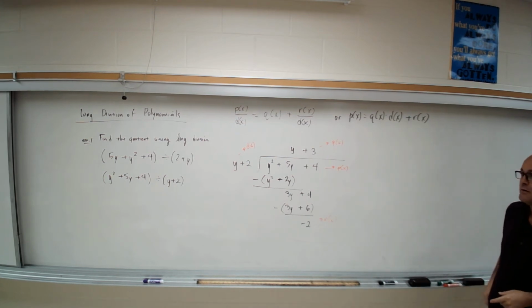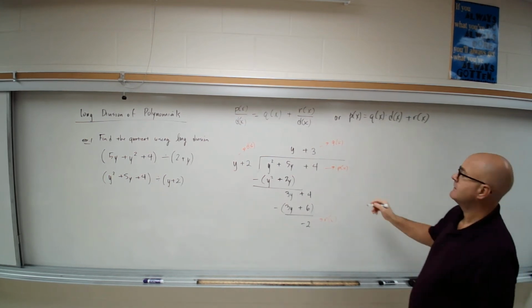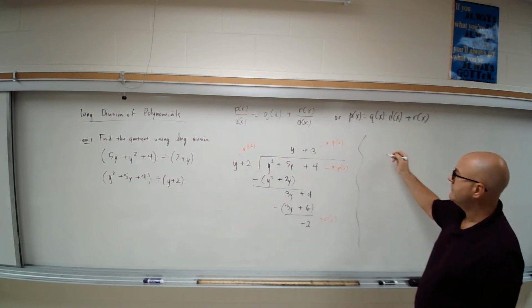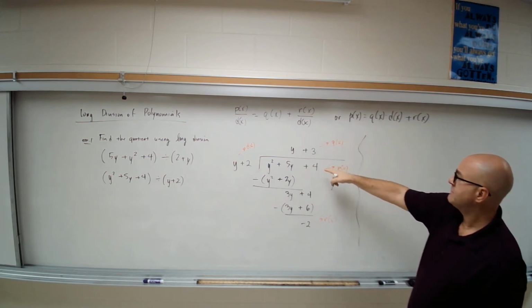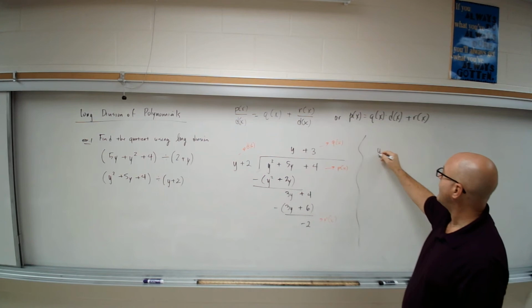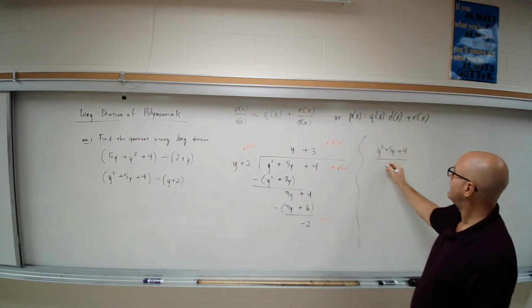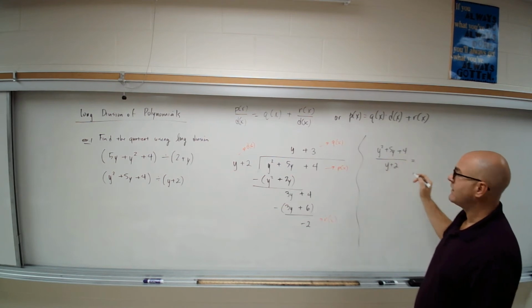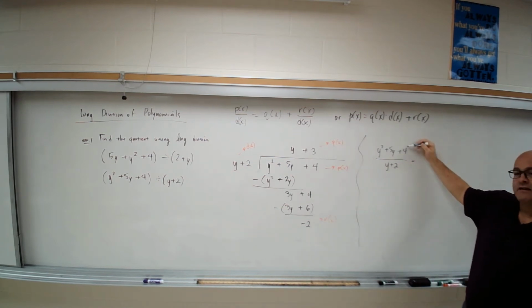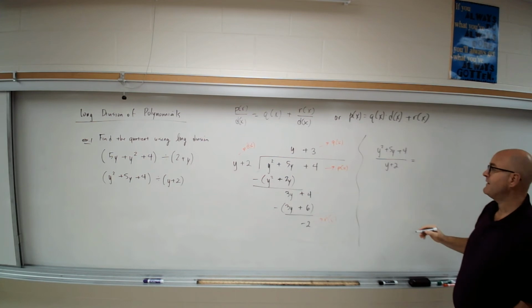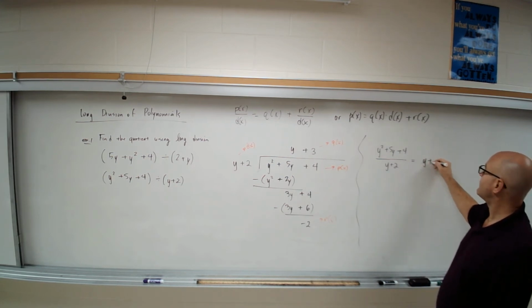So if we look at our two different models here, if you use the left-hand one, you'd get y squared plus 5y plus 4 over y plus 2. Right, so dividend, divisor, and then the quotient here will be y plus 3.